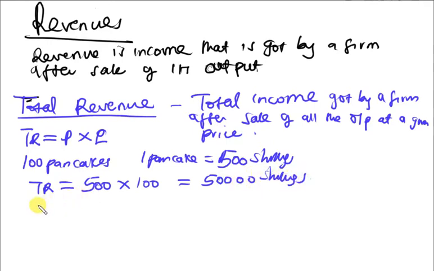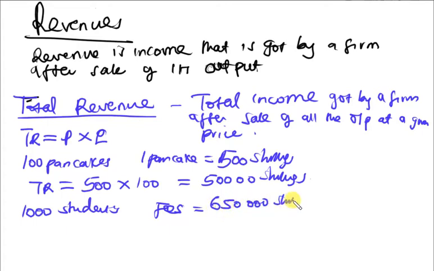A school has 1,000 students, and the school fees is maybe 650,000 shillings. So what's the total revenue? Total revenue will be the price, which is the fees, 650,000 shillings, times the number of students, which is 1,000 students.